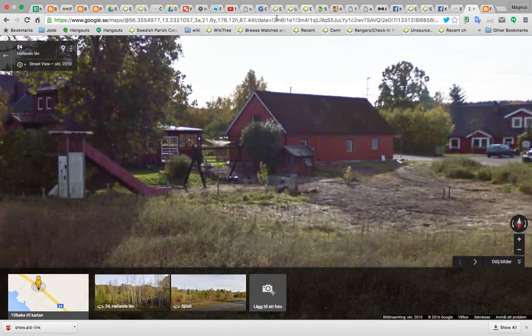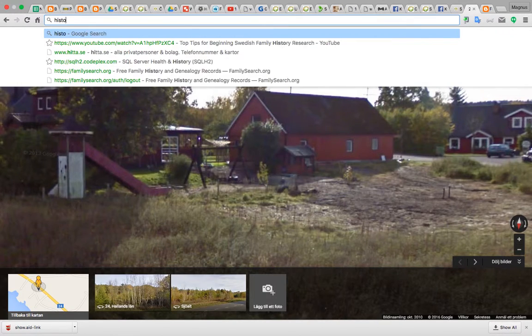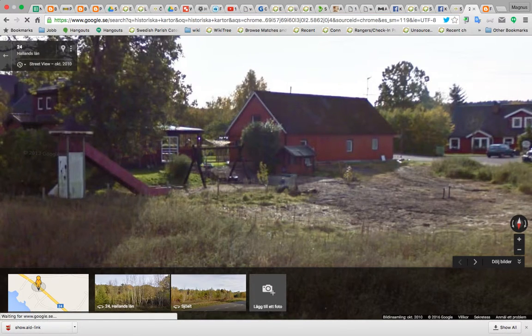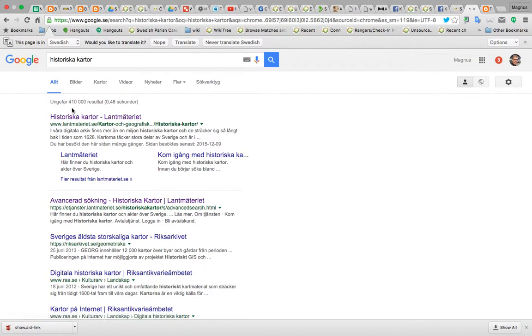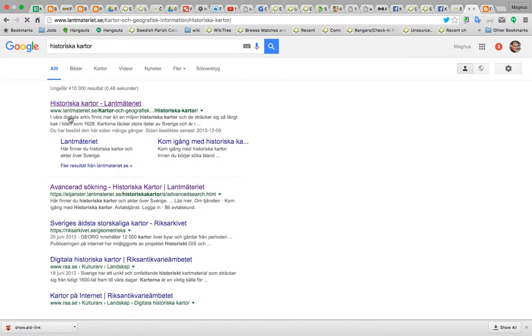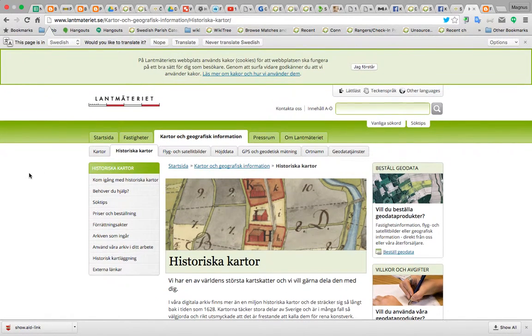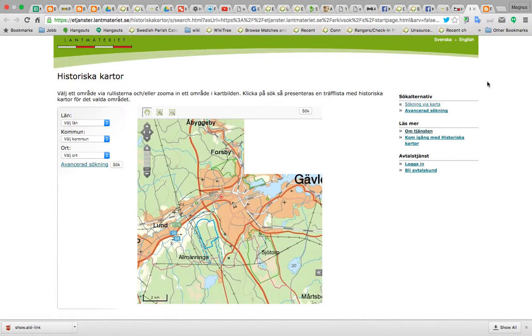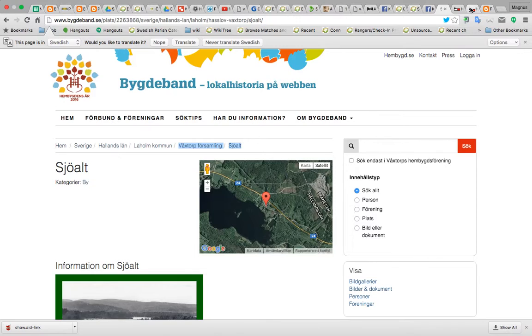What also can be done is that you have historical maps. The problem with historical maps is they use some odd software plug-in that's not usable. I think you can run this in a little bit English mode. And then we need to be skilled, and we need to go to Halland.